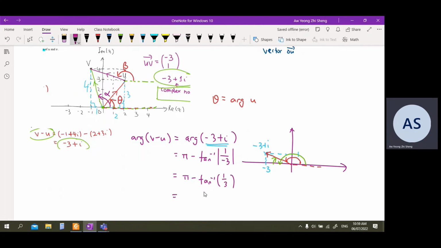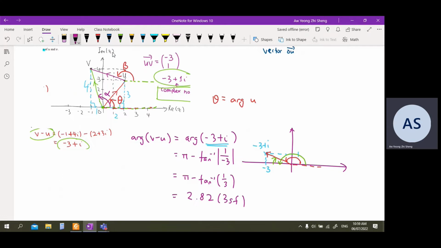I just compute it using my calculator. Remember to switch your calculator to radian mode, and you get 2.82 to 3 SF. So 2.82 is the argument of v minus u.